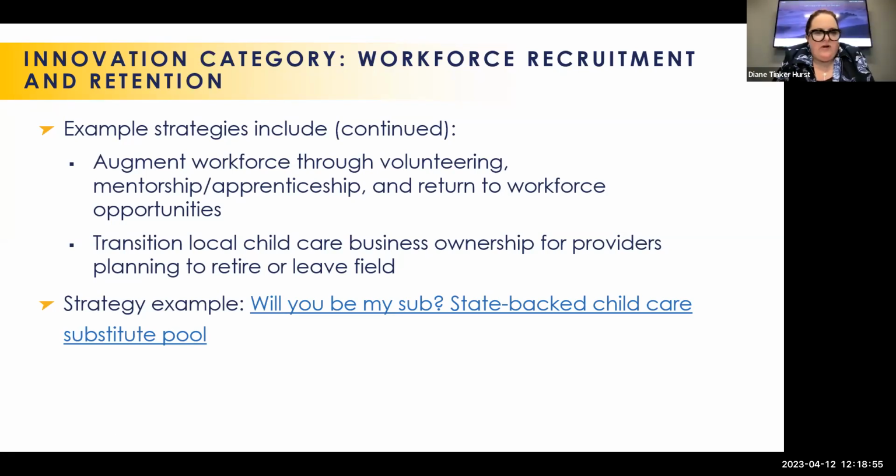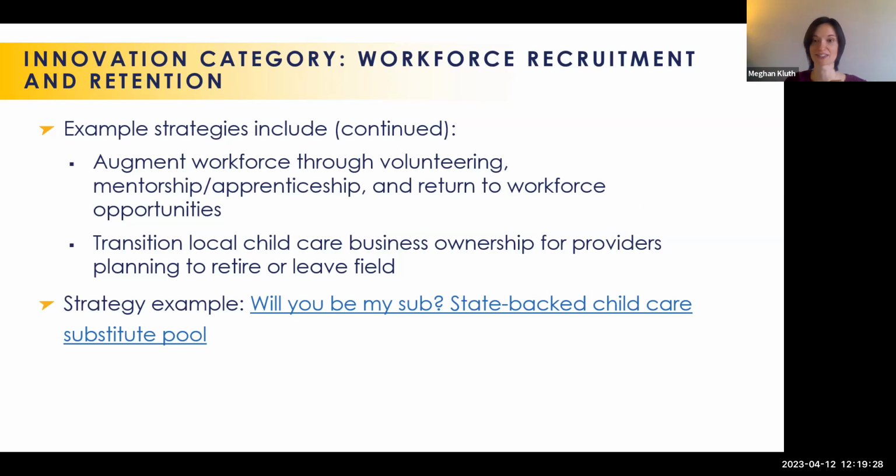What I'm just wondering, in the workforce recruitment and retention category, it's workforce as in workforce recruitment for childcare providers and professionals, or instead of having adequate childcare, increased number of seats, etc., to recruit employers to the area and/or for those employers to use as a recruitment/retention tool for their employees?